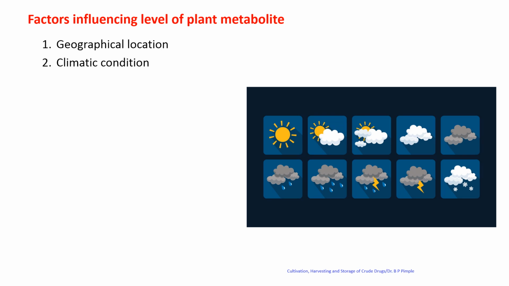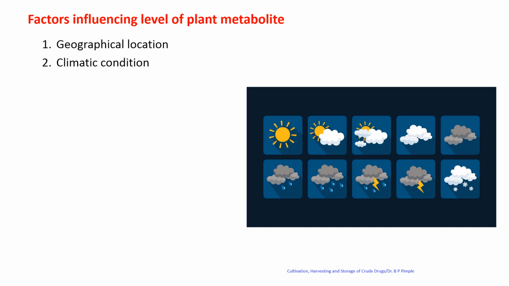Second, climatic condition. Climatic condition has a direct effect. Suppose in harsh sunlight, there are chances that certain phytoconstituents get photo-oxidized. Most of the plants cannot survive or tolerate summer or dry areas, whereas others may not be able to tolerate a humid environment or rainy season to a large extent.